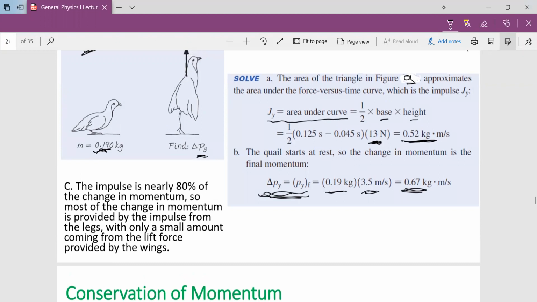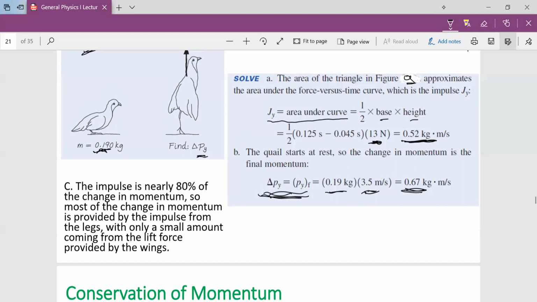Now the last question asked, from the values we obtained in our calculation, does the bird use its legs or its wings to fly? Now, quail is the kind of bird that spends most of its time on foot. So majorly, the activity of a quail is on its foot, and whenever it's going to launch into the air, it uses its foot.